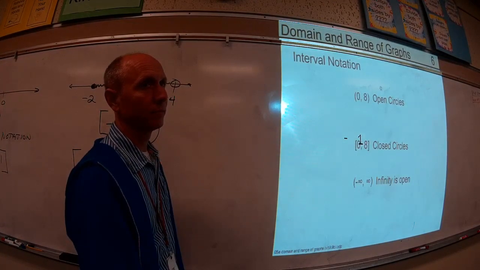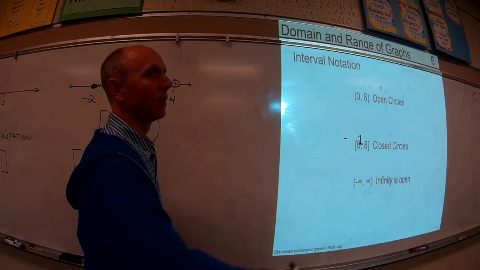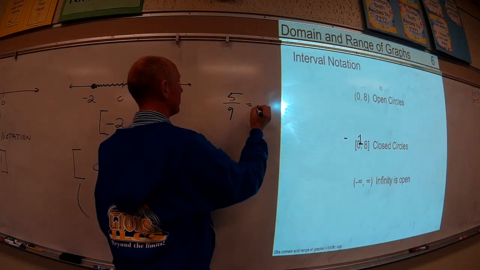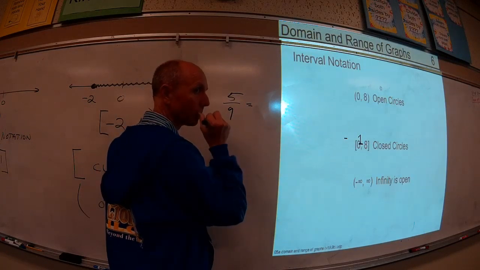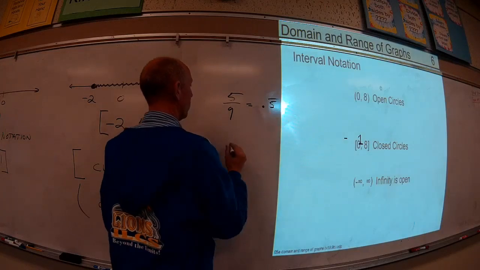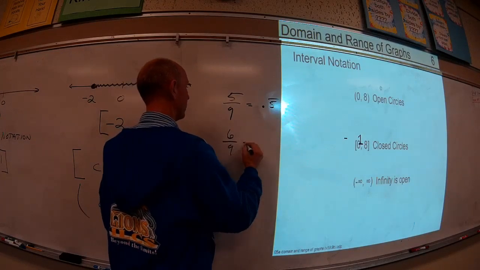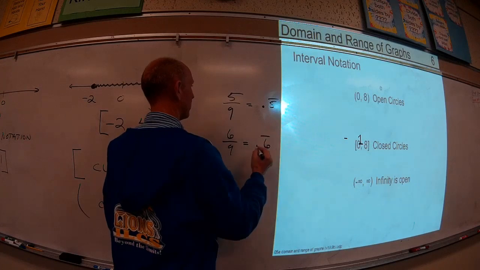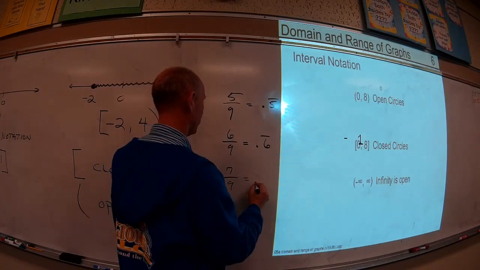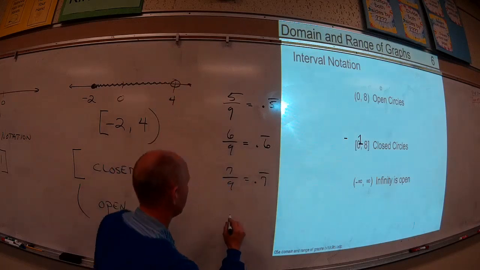Here, you can use mine. Okay, wait. How do you turn this on? Oh, there it is. What's 5 divided by 9? 0.5 repeating. Yes. What's 6 divided by 9? 0.6 repeating, okay. What's 7 divided by 9? Okay.